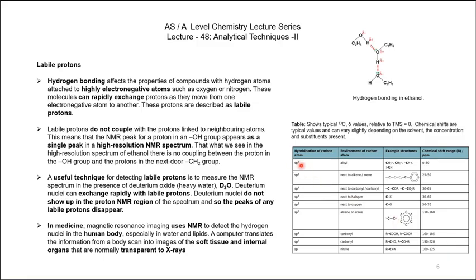If it is sp3 hybridization, that is alkyl, the examples CH3, CH2, CH have a chemical shift of 0 to 50. Similarly, for an sp3 carbon atom next to an alkane or arene, we get a chemical shift of 25 to 50. Typical values can vary slightly.